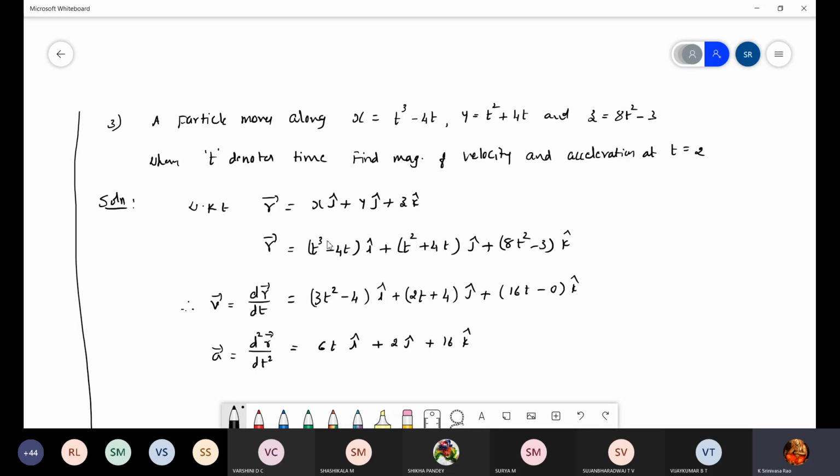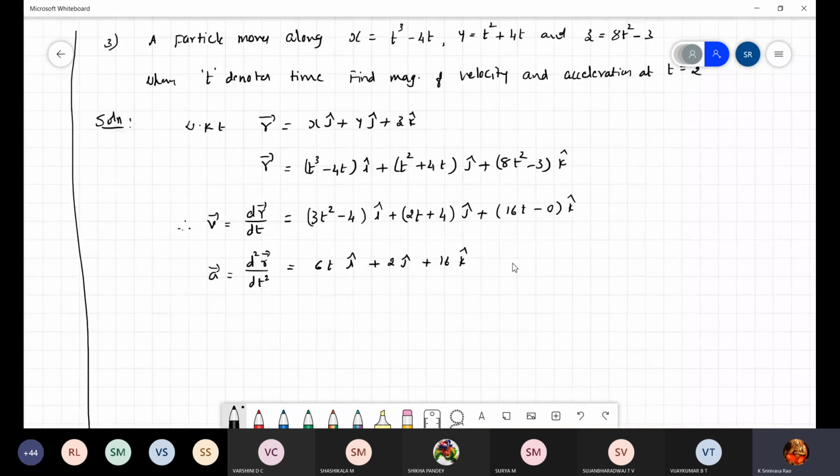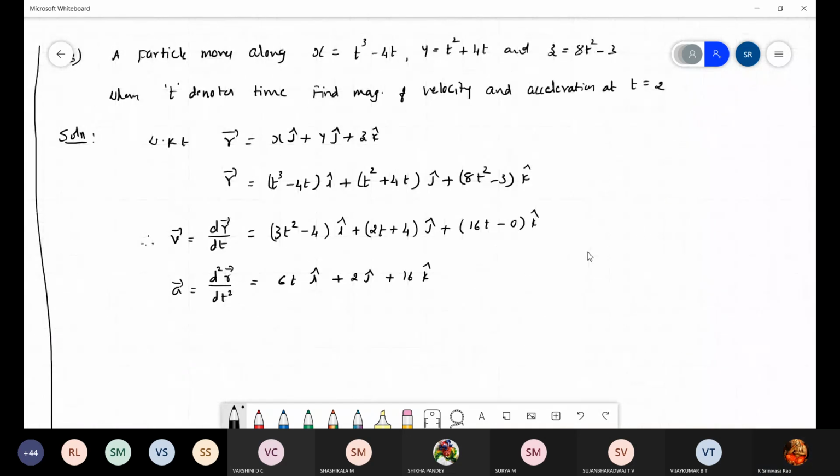Next line, at t equal to 2, the point is given. What is velocity? If I put 2 here, 2 square is 4, 4 threes are 12, 12 minus 4 is 8, so 8 i cap plus, similarly, 2 twos are 4, 4 plus 4 is 8, so 8 j cap plus 16 times 2 is 32, 32 k cap.